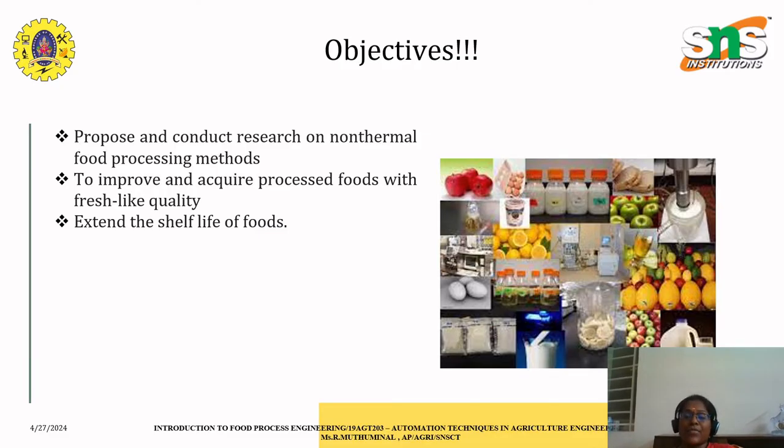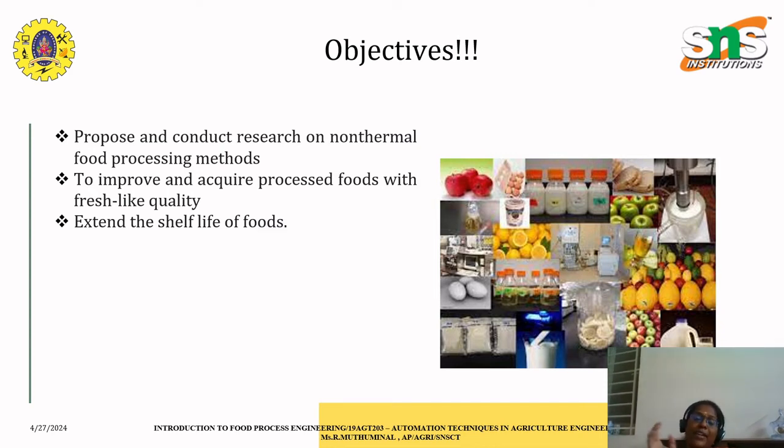That is, if I'm going to buy a material, it will have a date where it would have been mentioned that it has to be consumed within so many days. This is what they would have given. That means that it is the shelf life of the food that we are buying. So my main aim is to extend the shelf life of the food.